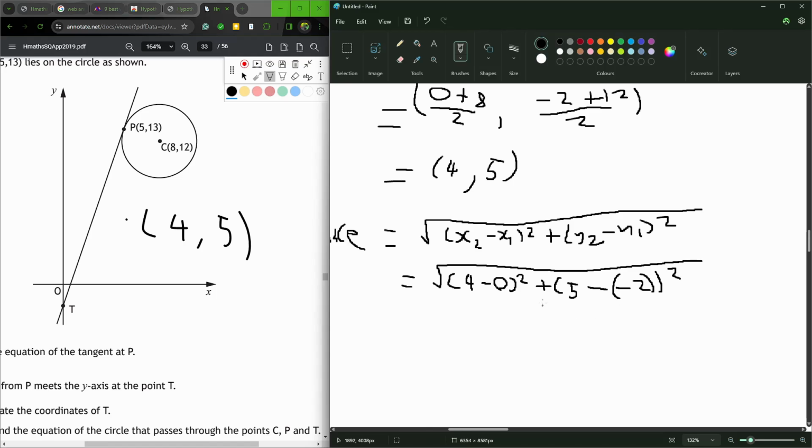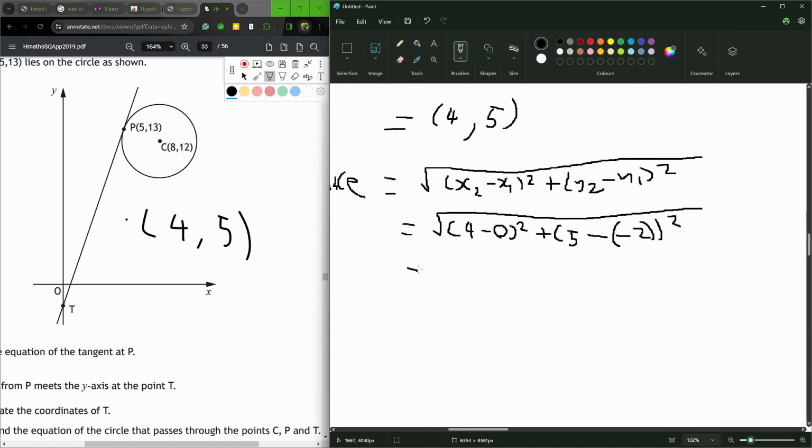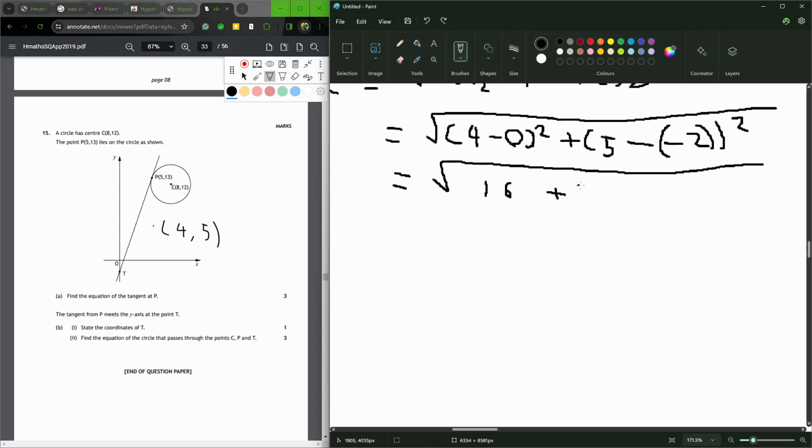Perfect. So 4 squared is 16. 7 squared is 49. So we add those together. That's root 65, right? Not root 80. Why would anyone think root 80?